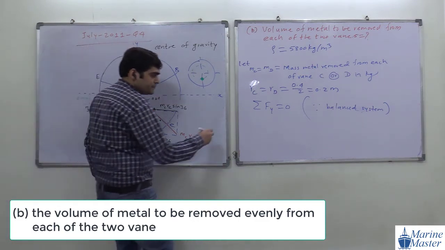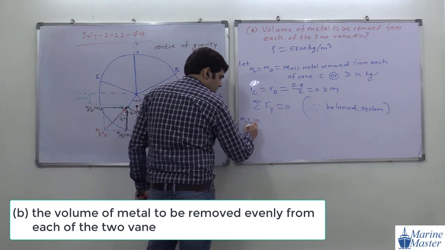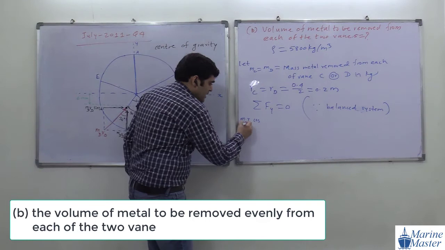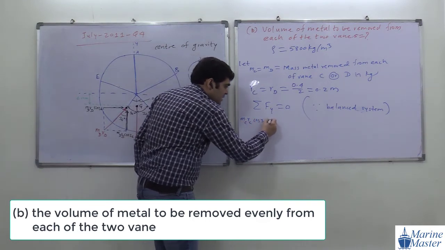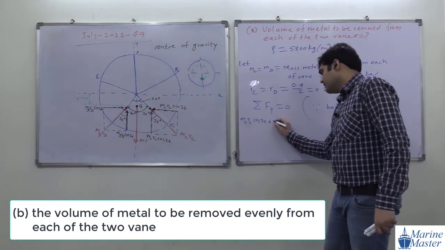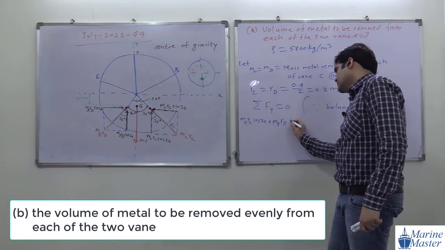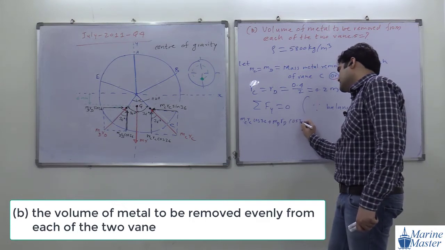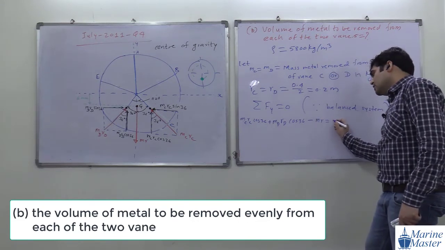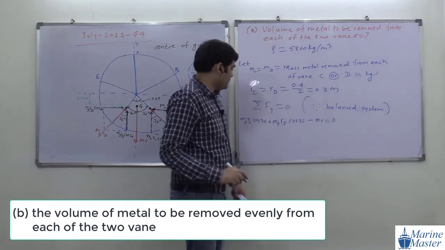First I will take MCRC cos 36 plus the next term, MDRD cos 36, minus MR downward, is equal to 0.